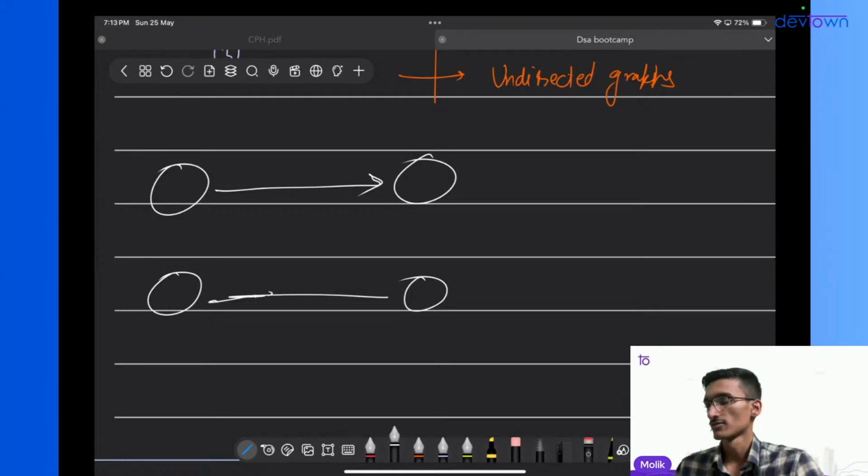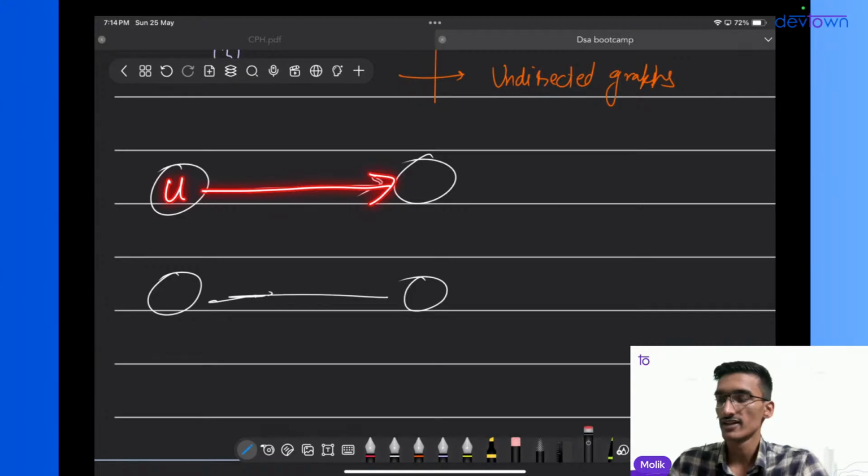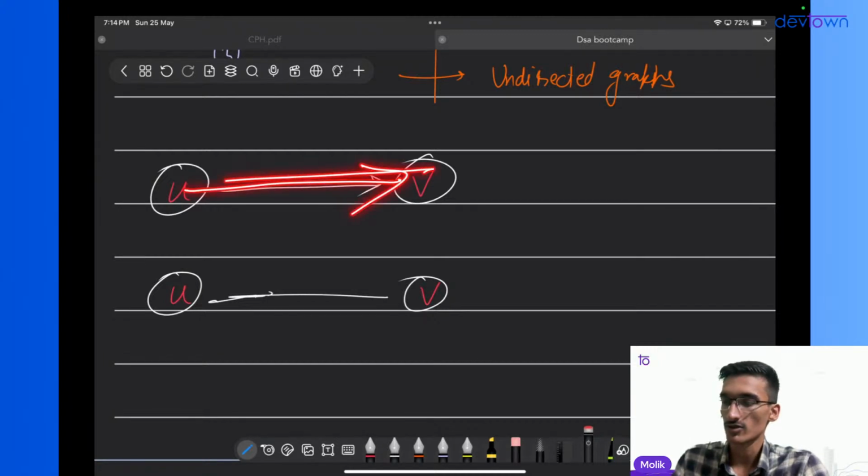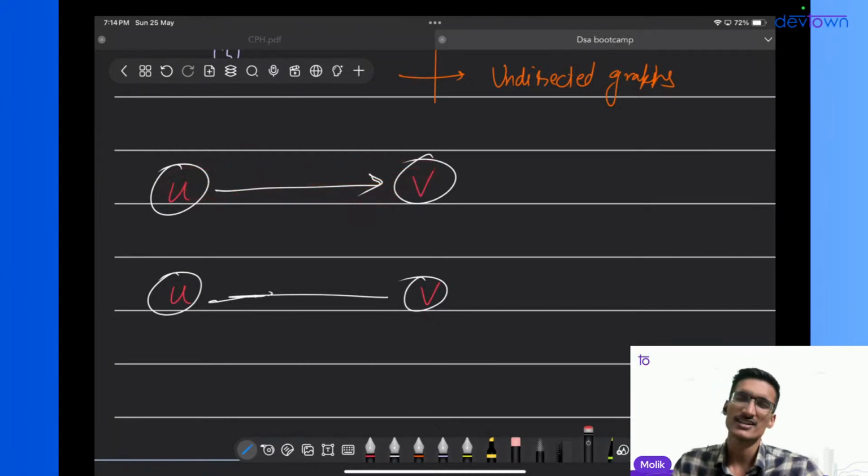So in a directed graph, if you are standing at U, you can go to V if there is a directed edge from U to V, but you cannot go from V to U. This is U, this is V, this is U, this is V. So you can go from here to here, but you cannot go from here to here. Imagine it like a unidirectional road, right? So it can only go till here.